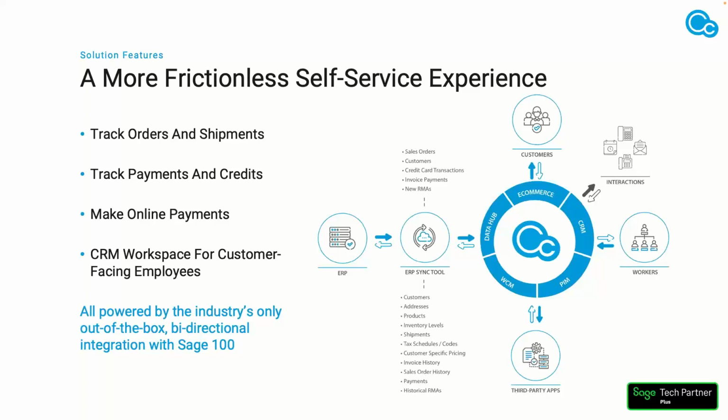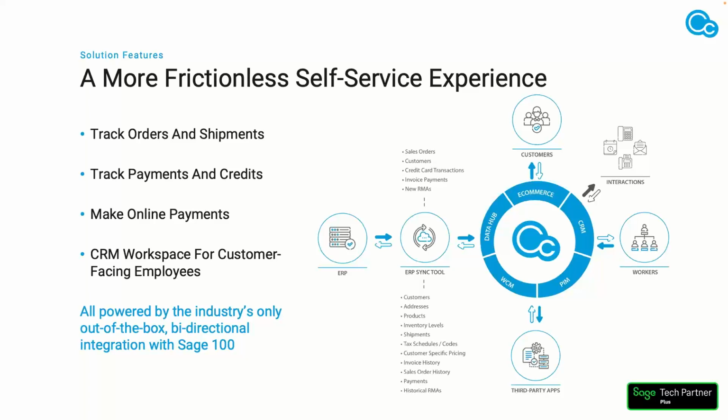Sage 100. Another thing that I'll show you that I briefly alluded to a moment ago is the CRM workspace, where your customer-facing employees or even your behind-the-scenes accounts receivable or accounts payable personnel can get access remotely to that same Sage data. And I mentioned this a second ago here, but all of the CIMcloud application that I'll show is powered by our bi-directional real-time integration with Sage 100.